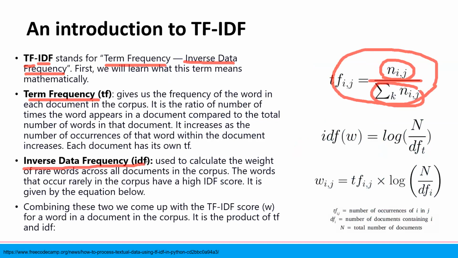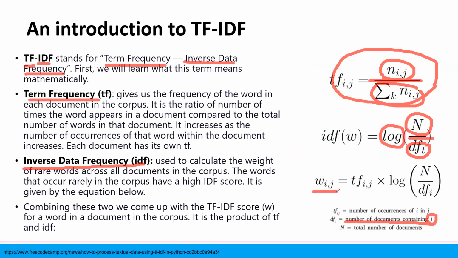For inverse document frequency, or IDF, we use the log function, where N is the number of documents divided by the number of documents containing the term.